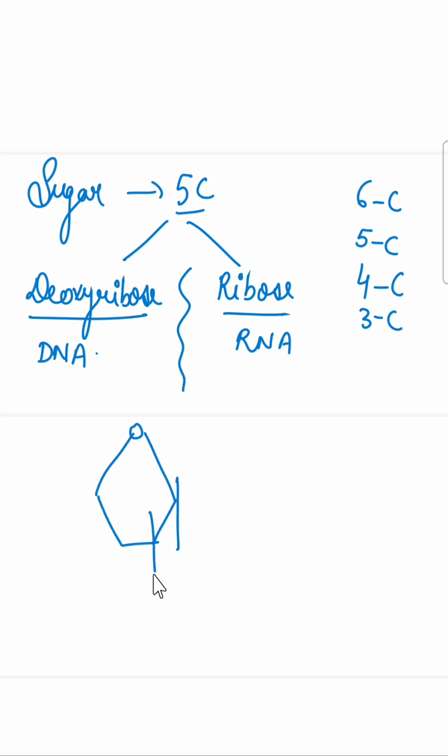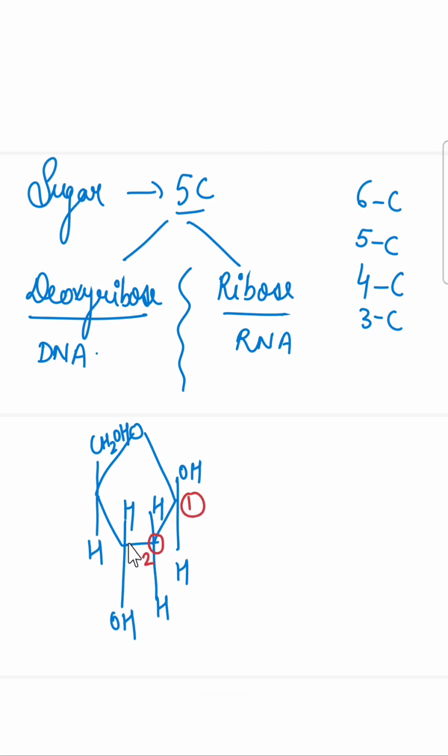So this is the ring that I have drawn. I know the structure is a little bit distorted right now, but it's okay. We have a 5 membered ring. Look students, this is my carbon number 1, this is 2, carbon 3, carbon 4, and here it is carbon 5. The positions that I deal with are second, third and fifth. Look at the second position.